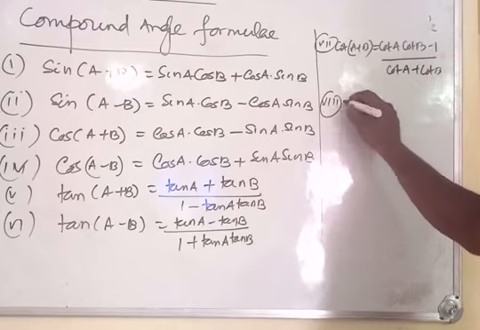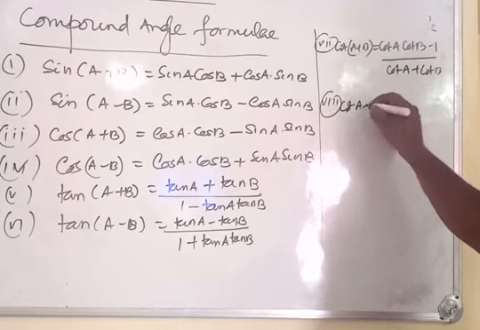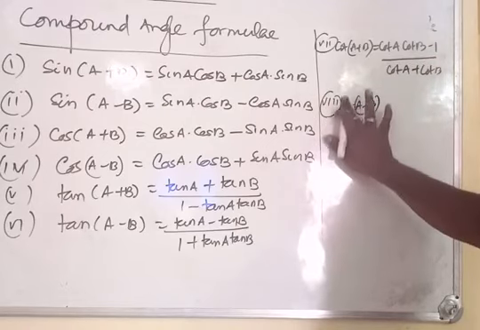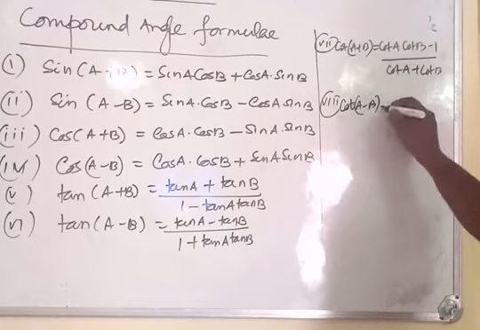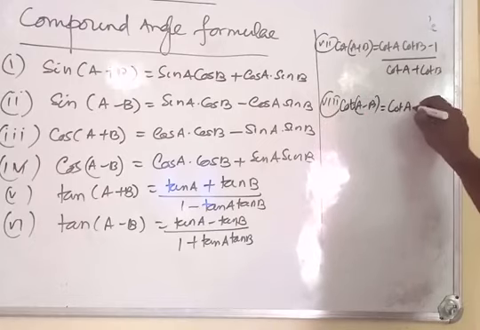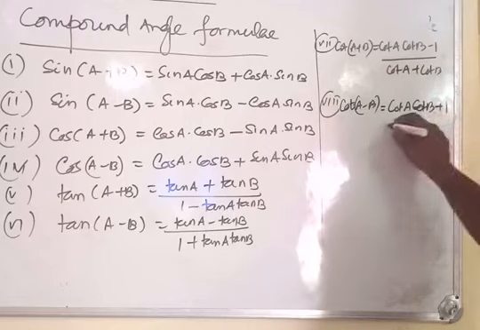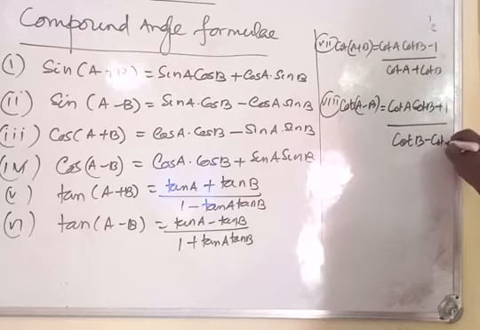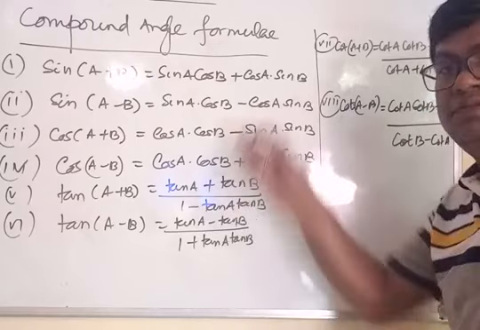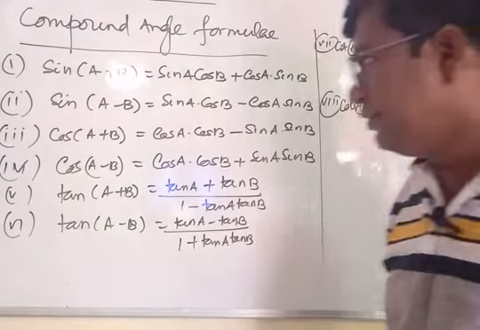Cot a minus b is equal to cot a into cot b plus 1 divided by, mind it, cot b minus cot a. You have to remember these formulae.